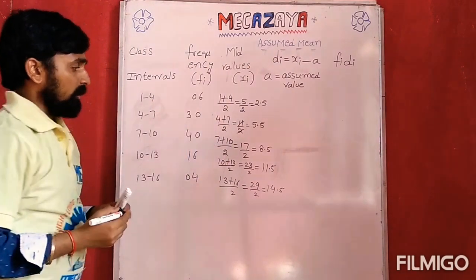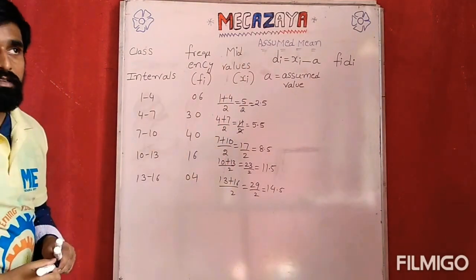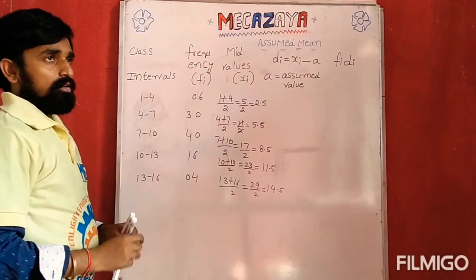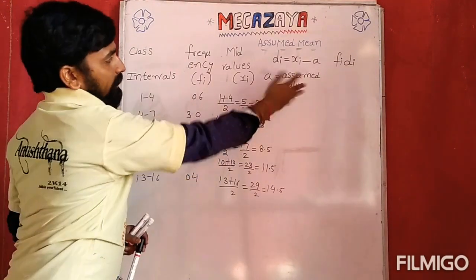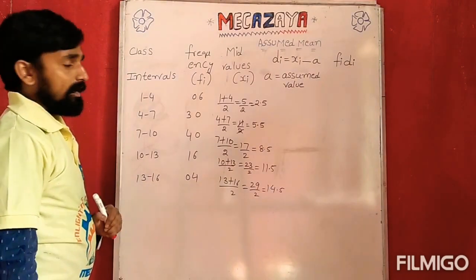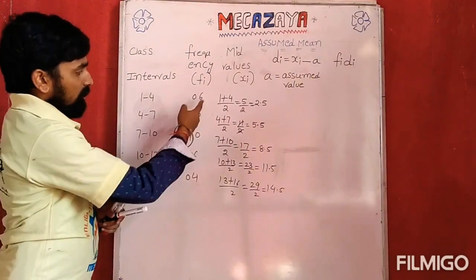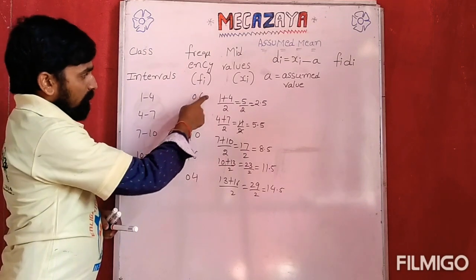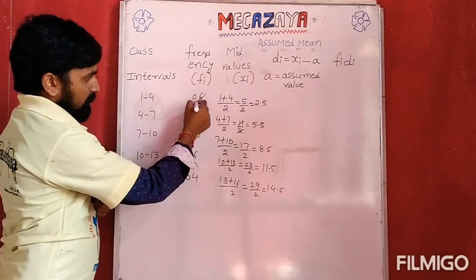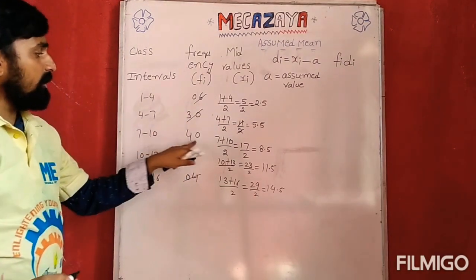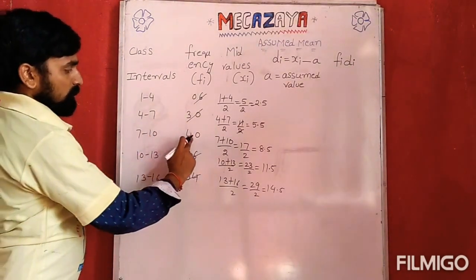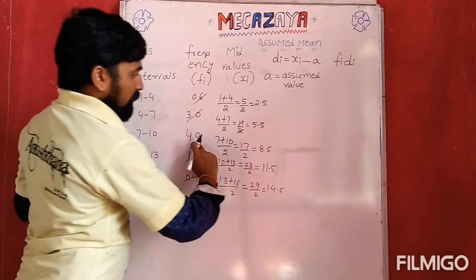You can select anything, but there are some rules to follow. You can assume a value according to the class, but let's take it from the middle. Cut from the first and from the last. What is there in the middle? 8.5 is there.